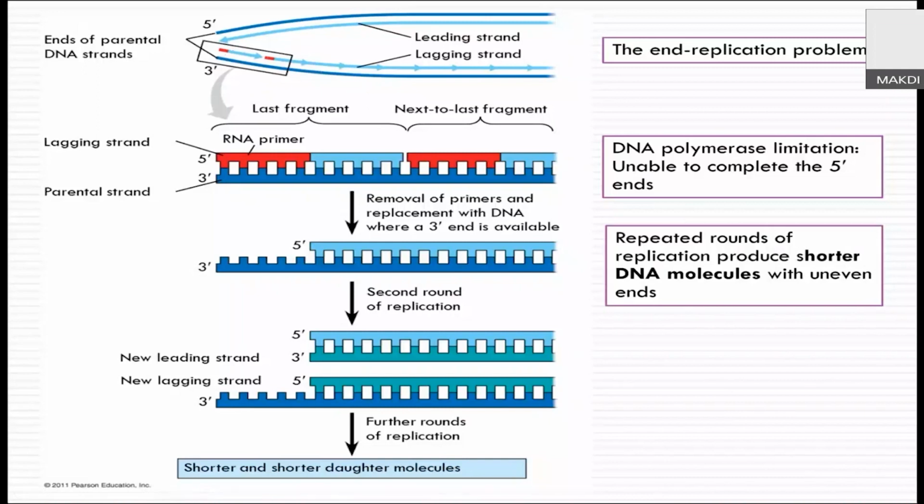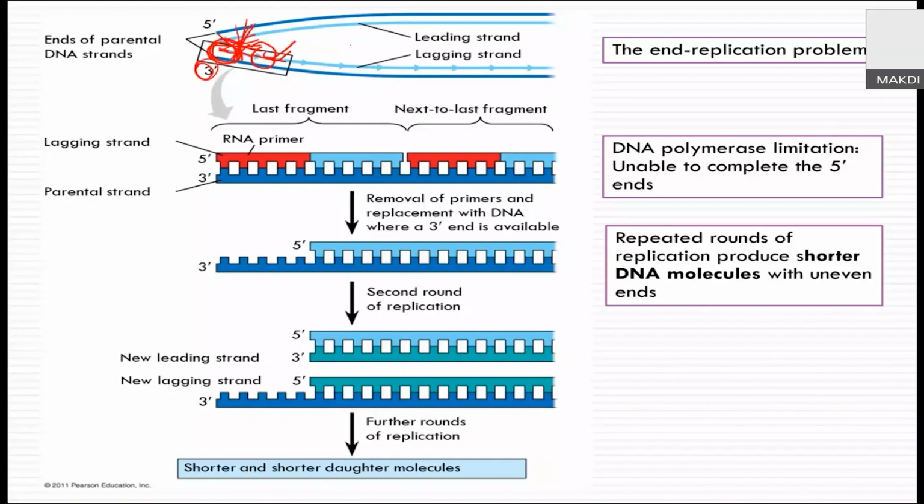Lagging strands can only remove the RNA primer, and then DNA polymerase will replace the RNA primer with DNA. But at the end, they cannot, because they can only add to the 3 prime end. This one is the 5 prime end.